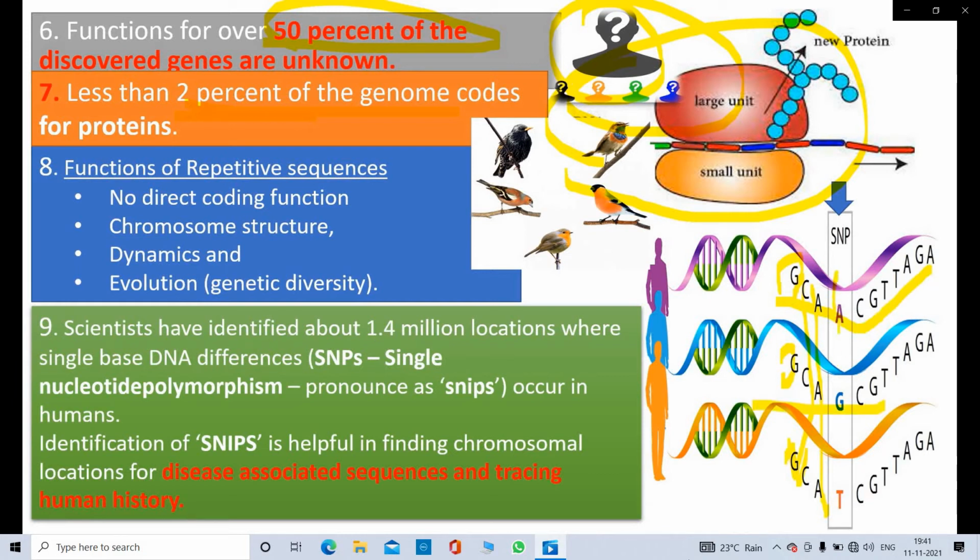In a single place, see here, in this place it is A and here G and here T. But in all the remaining places, it is the same. So this is called SNP. What is that? Single nucleotide polymorphism. Except for one place, in all the places you can see the same nucleotide, and only in one place there is a difference. This is called SNP.